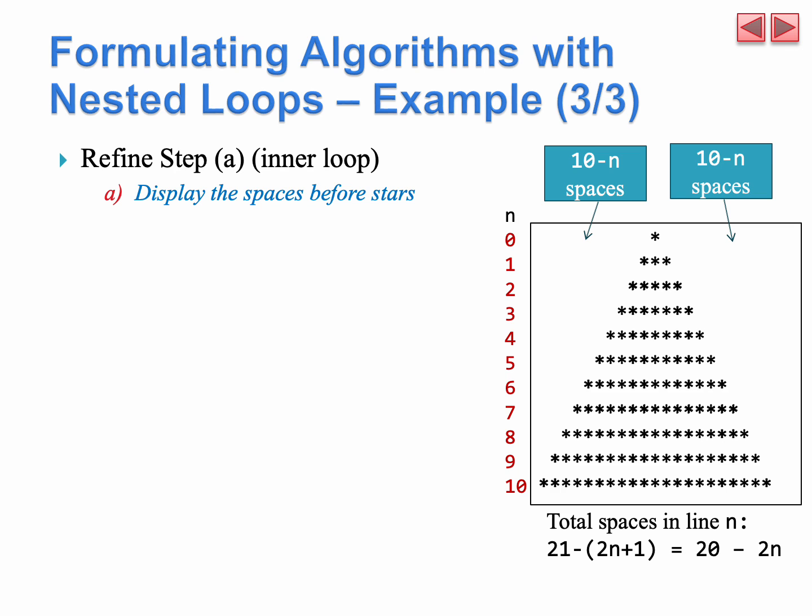To refine step A in the outline, we need to figure out how many spaces go before the stars in line number n, where n is the control variable of the outer loop.